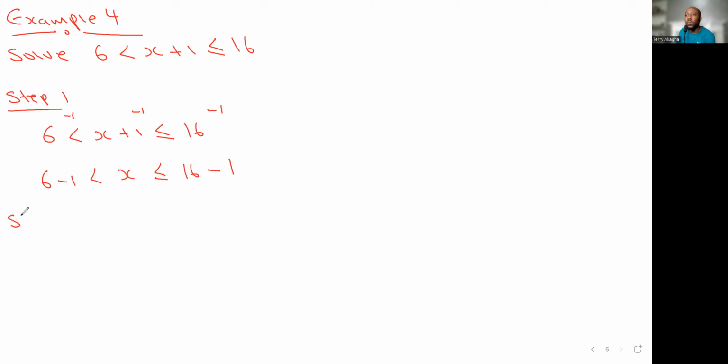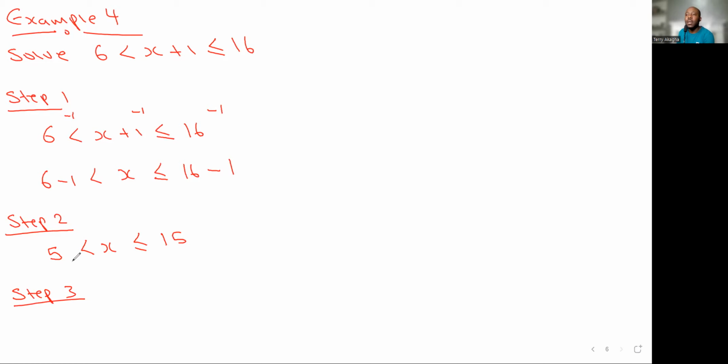So step 2, we then have to simplify, like we said. So 6 minus 1 is going to give us 5, x, 16 minus 1 is going to give us what? 15. So step 3, in some cases, they might ask you to list all the answers for this.